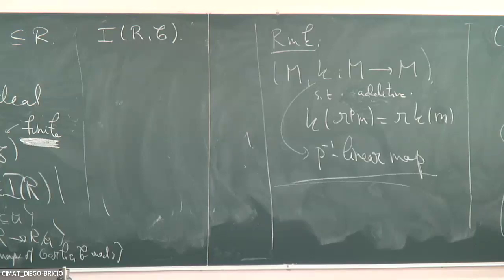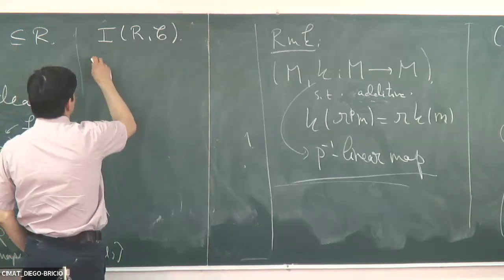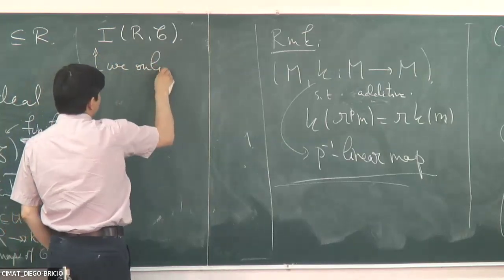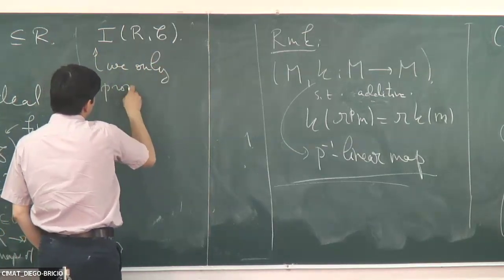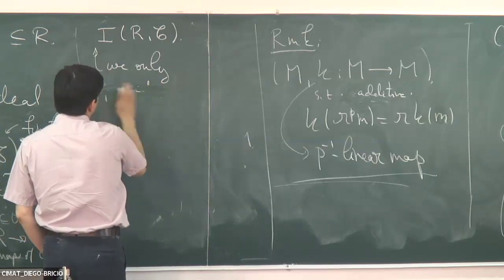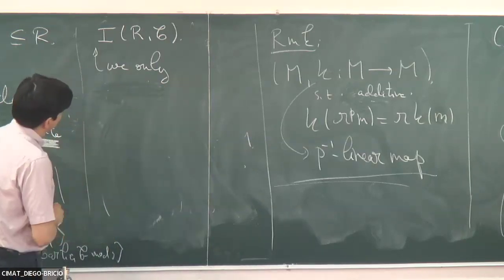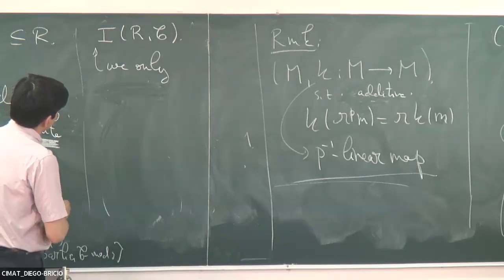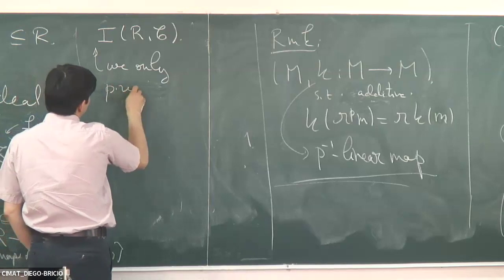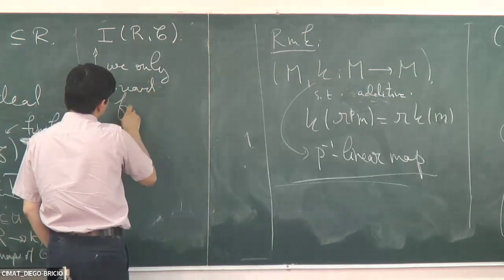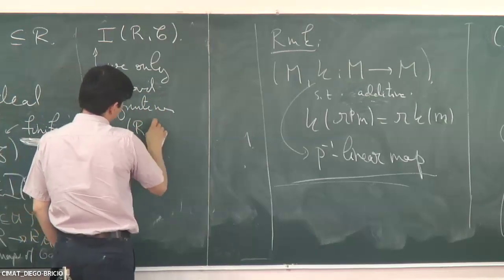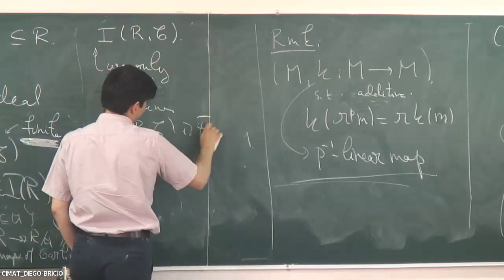We only prove finiteness when (R, C) is pure, if I'm not mistaken. We only prove finiteness if the pair (R, C) is pure.